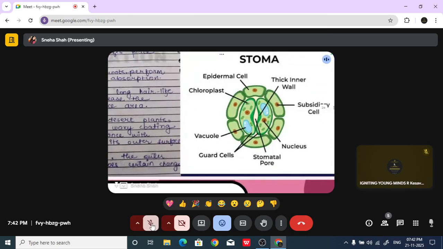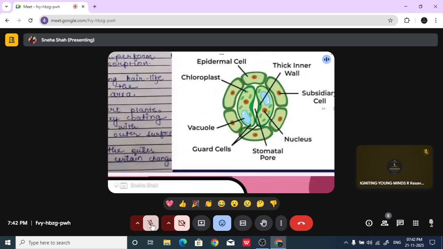This is a single pore in the leaves. What happens is when guard cells contract, the stomata gets closed, and when they relax, the stomata opens, the stomatal pore which you can see here opens, and whatever exchange has to take place happens.